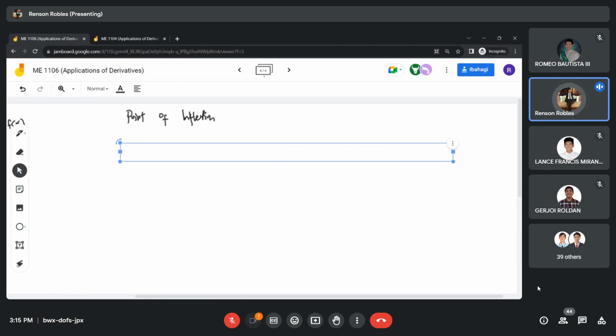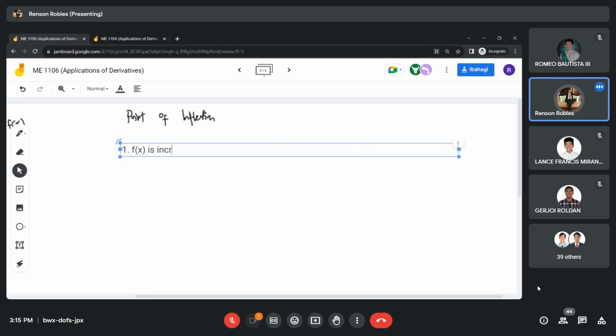So these are the things you need to remember. One, I have the function f of x is increasing. When do we say that the function f of x is increasing?